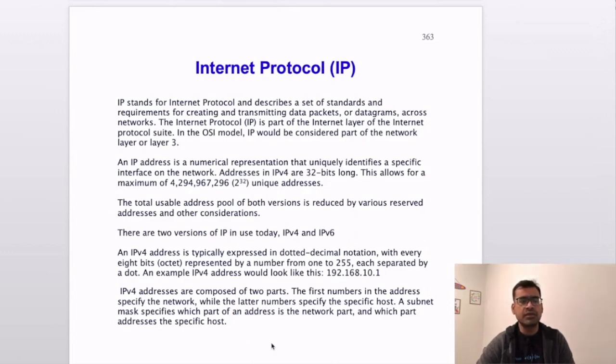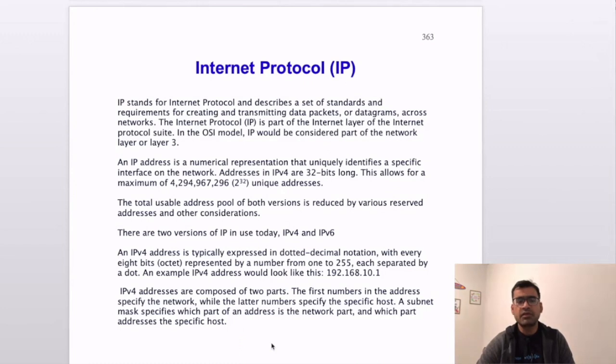So what is an IP address? An IP address is a 32-bit long value. That means you can have 2 to the power 32 unique IP addresses, which is nearly 4 billion IP addresses. And as I discussed, there are two categories of protocol today: IPv4 and IPv6.